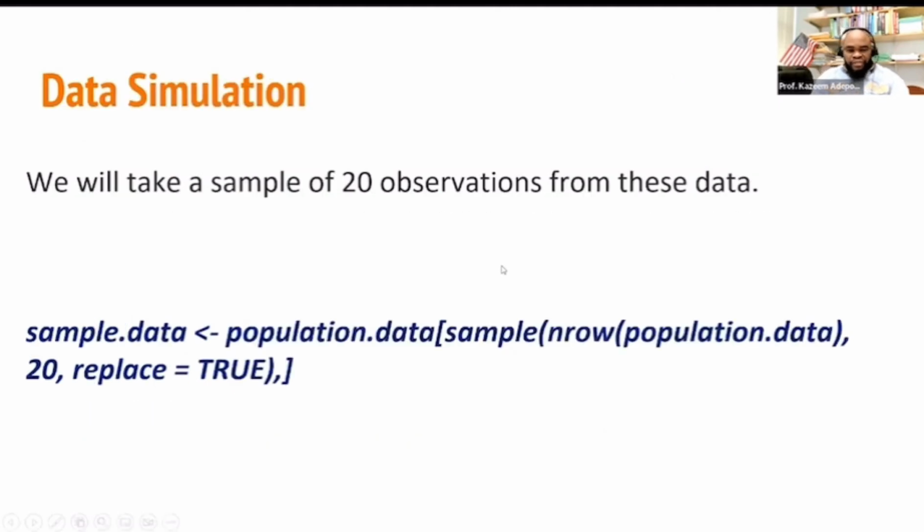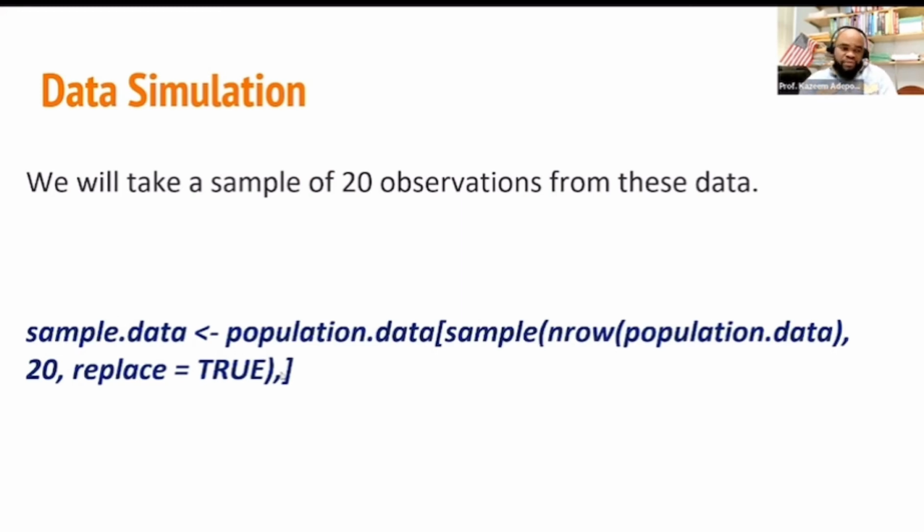Now the next thing I actually want to do is taking a sample size of 20. Of course, if you go by central limit theorem, right? 20 is less than 30. The threshold for a large sample as given by central limit theorem is at least 30. You get that, right? Okay, so right now, I decide to take something less than 30, like 20 observations from this population data, of course, this is the code right here.